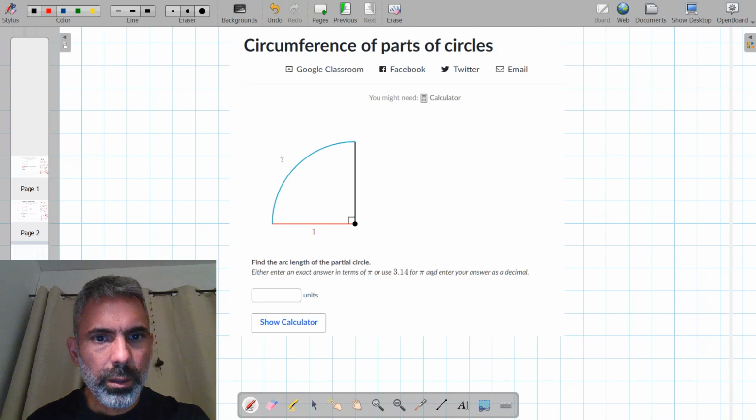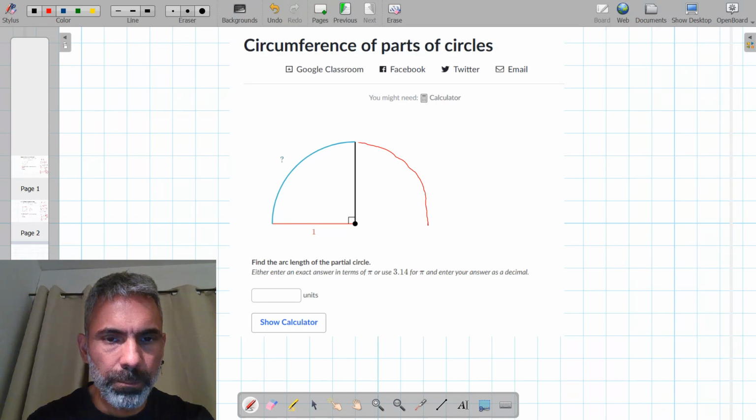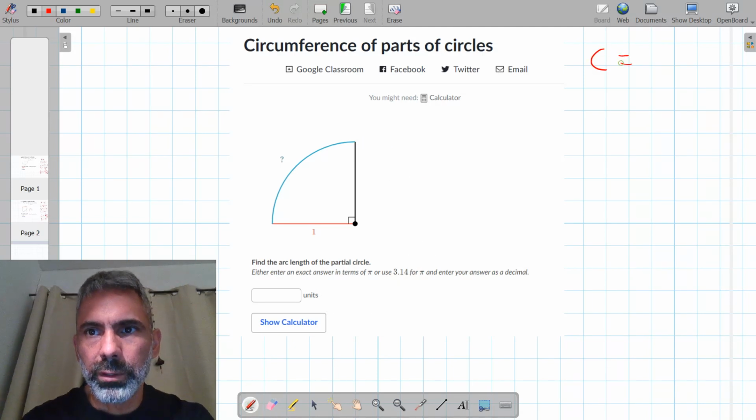Okay, find the arc length of the partial circle. So again, this is 1/4 of the full circumference, because this is the second part, this is the third part, and this is the fourth part. So the full circumference is 2 pi r.